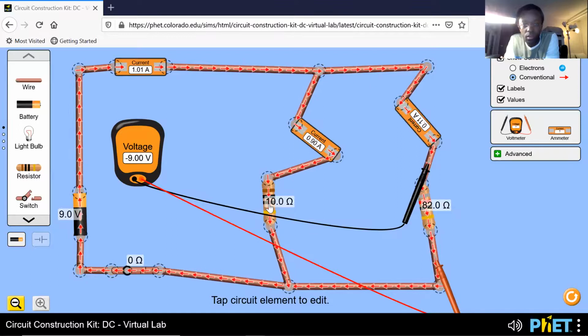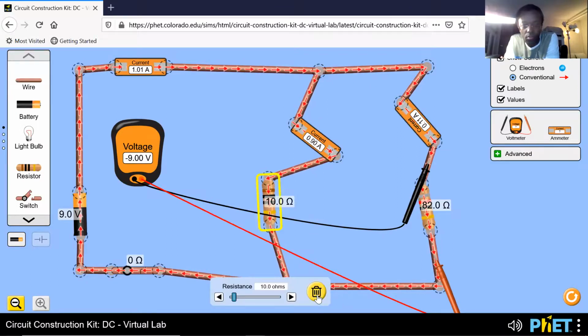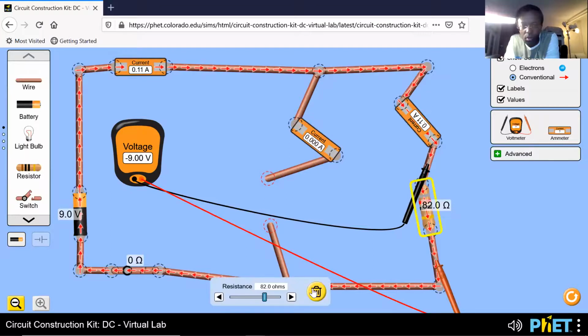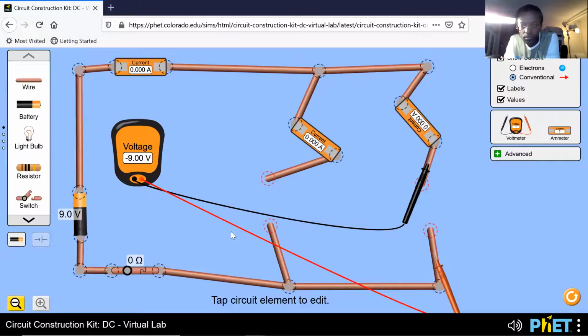So what do you expect is going to happen when I remove the resistors and replace them by light bulbs? Are they going to shine brightly or not? The voltage doesn't change, right?